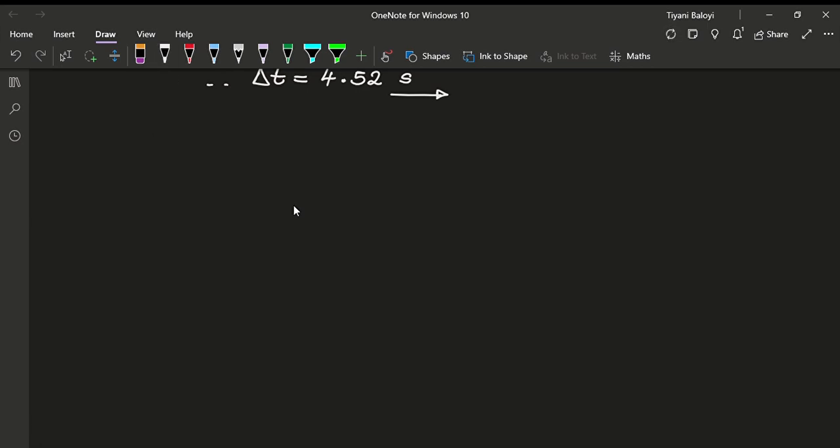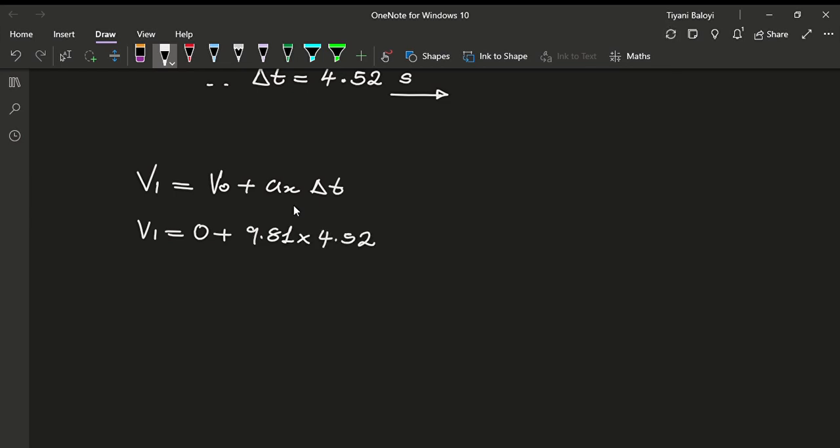Since we're using v1 and v0, we have v1 is equal to v0 plus a times change in t. So v1 is equal to 0 plus 9.81 multiplied by 4.52.